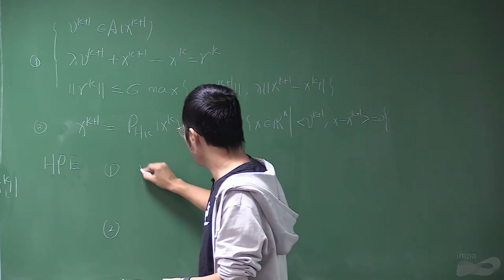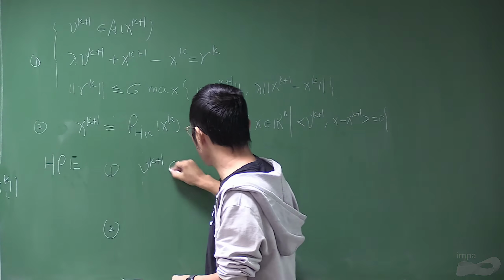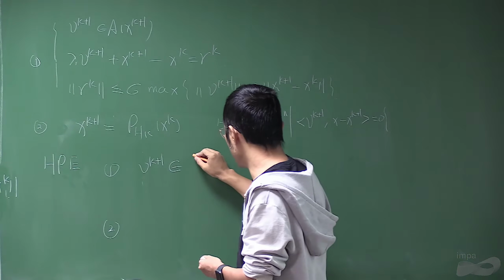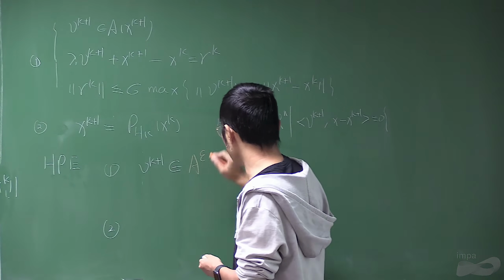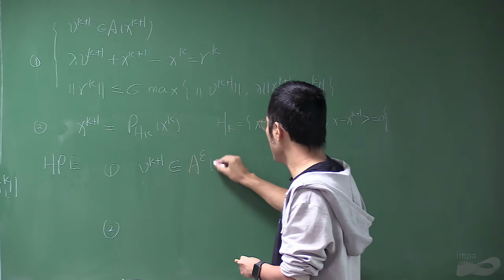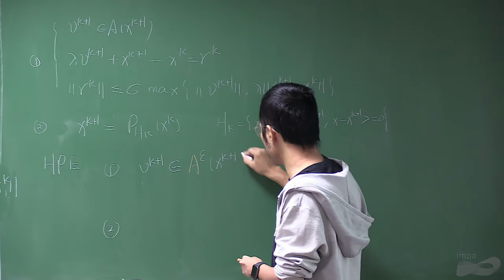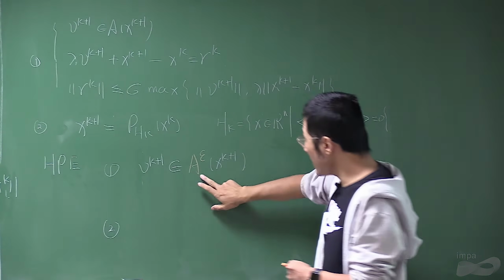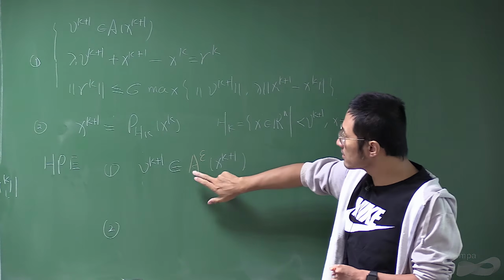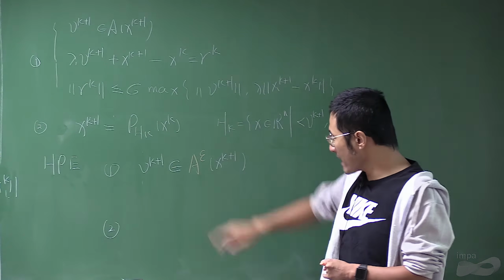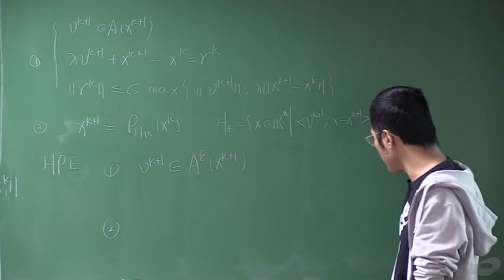We say vk plus 1 belongs to A epsilon of xk plus 1, where A epsilon is the enlargement of this maximal monotone operator.